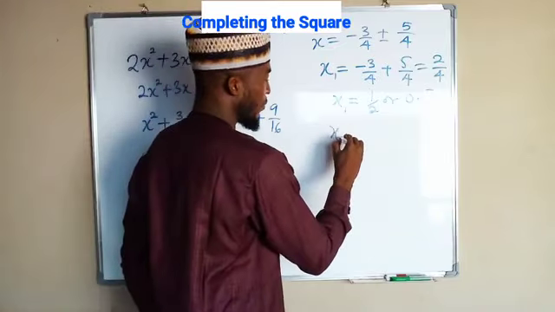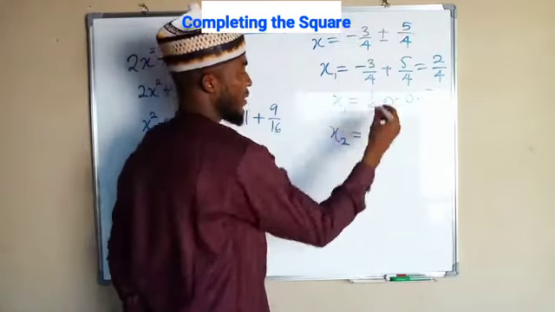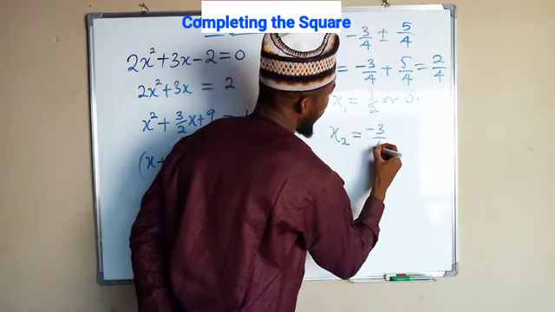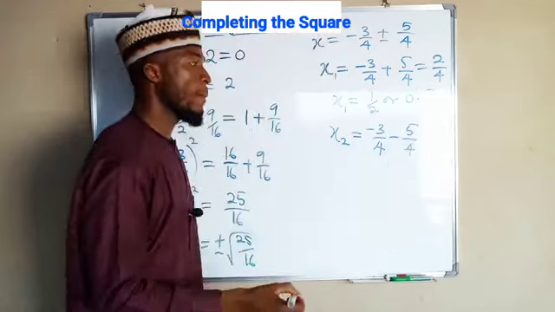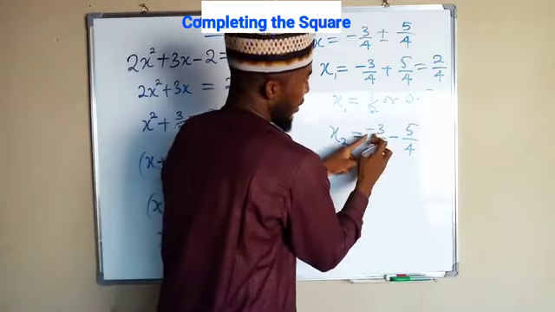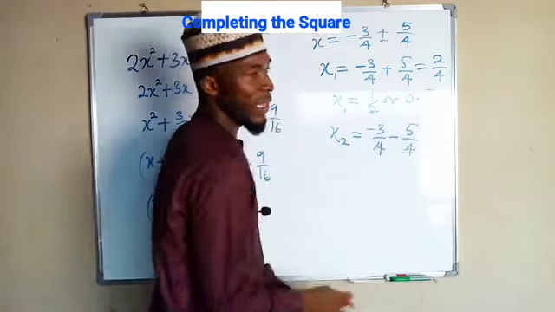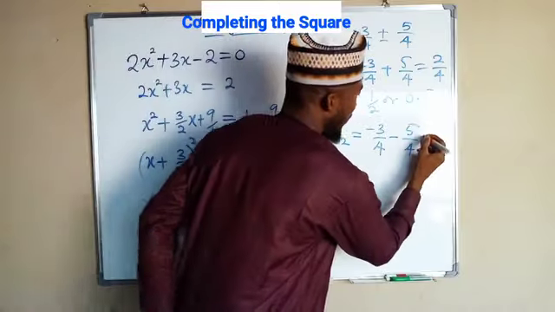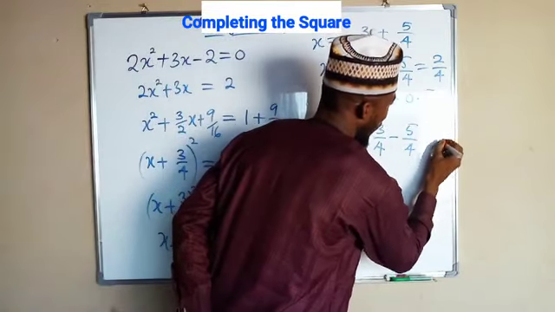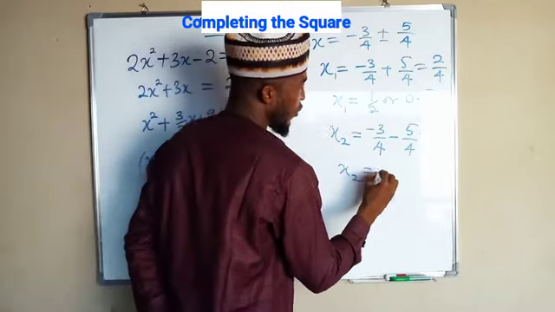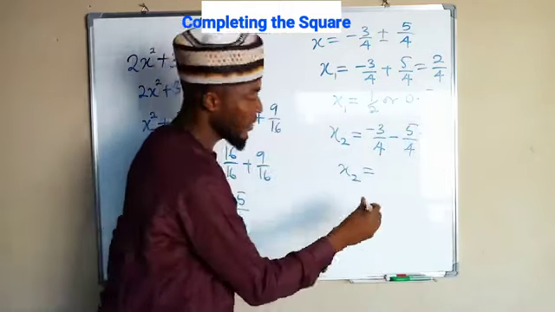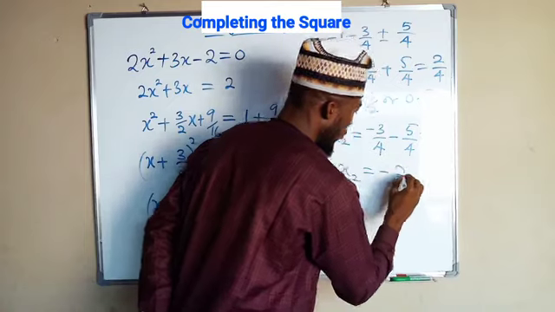Then for x2, we use the negative sign. Negative 3 over 4, then minus 5 over 4. Negative 3 minus 5 is going to make it negative 8. This is negative 8 over 4. And we say x2 is now equal to negative 8 divided by 4, which is negative 2.